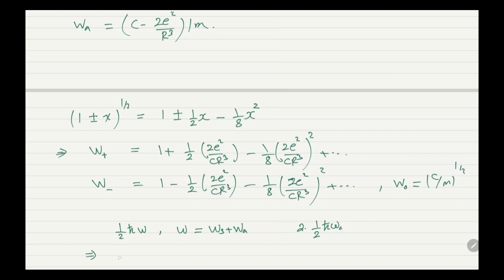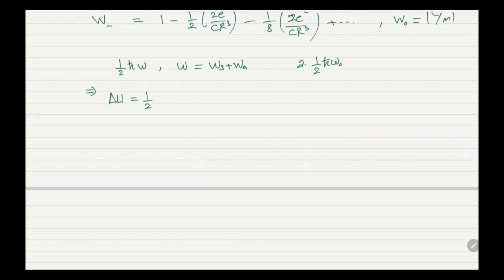And in this case the energy delta U equals half h bar times delta omega symmetric plus delta omega anti-symmetric. In other words, it's equal to minus h bar omega naught times 1 over 8 times 2e square over cr cube, or equal to minus A over r to the power 6.